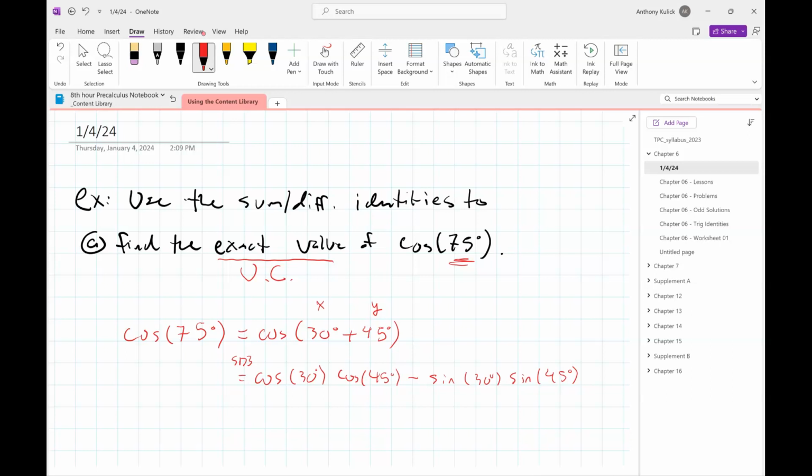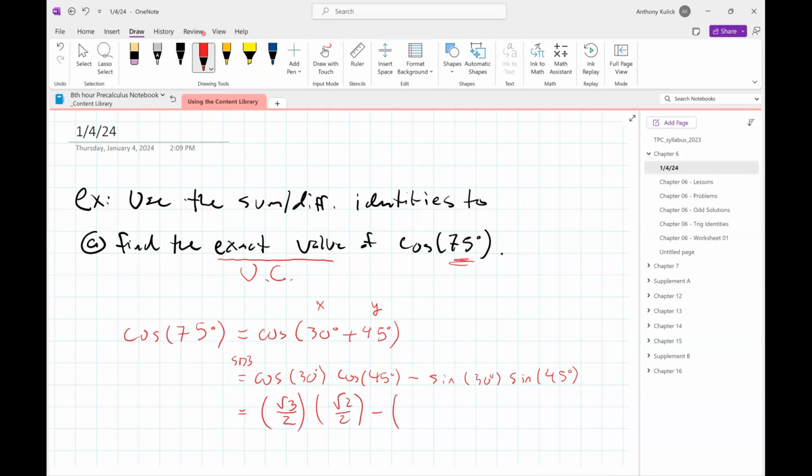What is cosine of 30 degrees? Square root 3 over 2. Blaine did that by reading the x-coordinate at 30 degrees. What is cosine of 45 degrees? Square root 2 over 2.